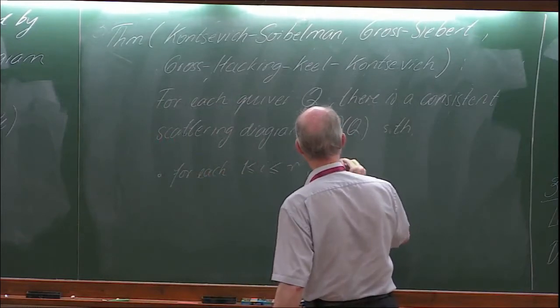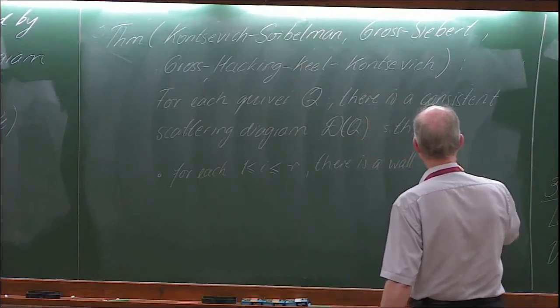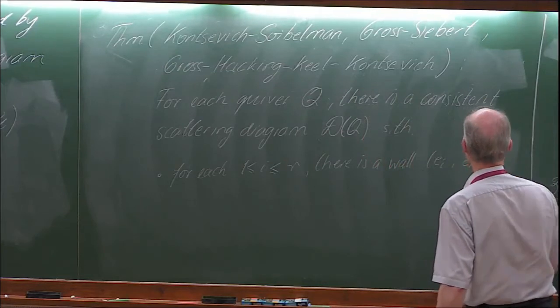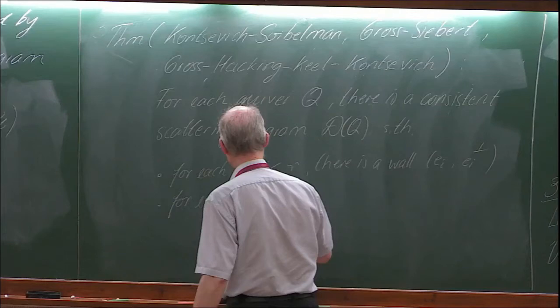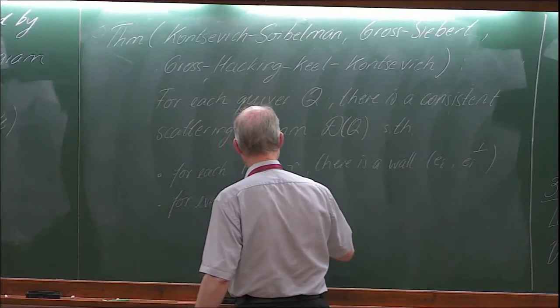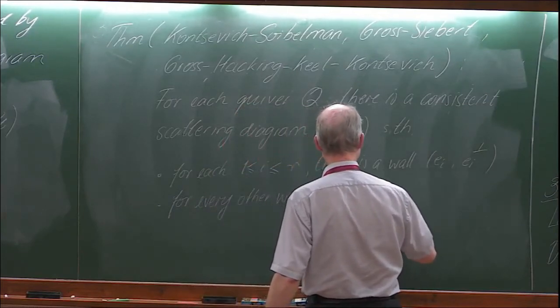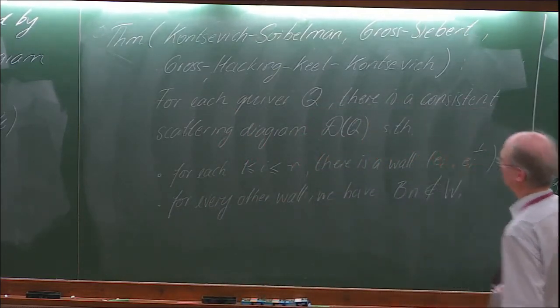There is a wall e_i orthogonal, with normal vector pointing in the positive direction. And for every other wall, we have that the vector B n does not belong to W.